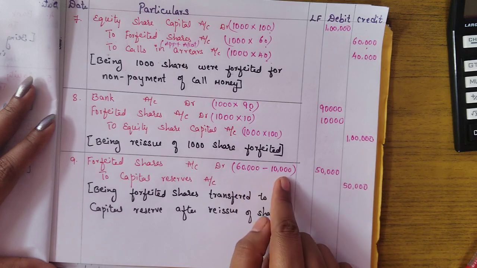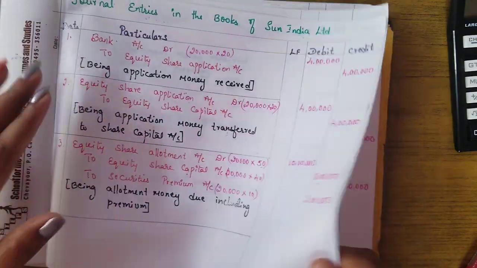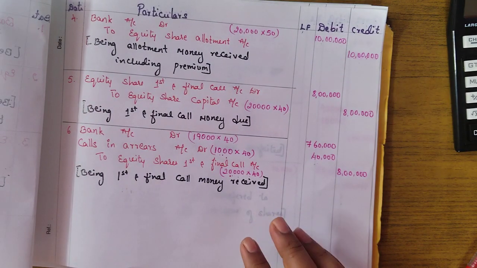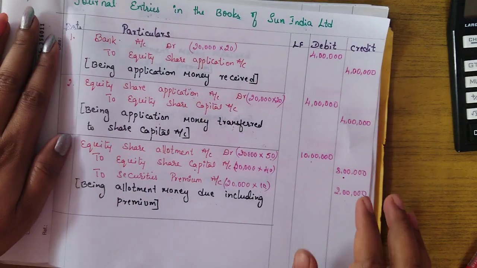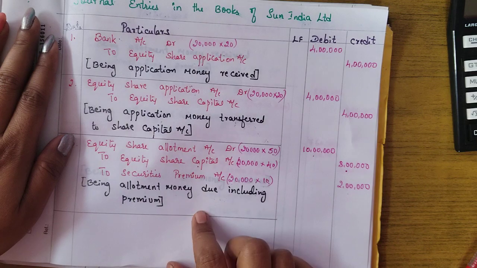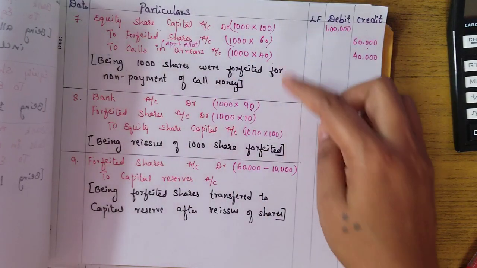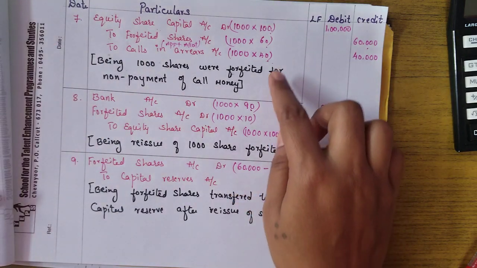That is what 60,000 minus 10,000, 50,000. Okay, this is all about the problem related to issue of shares at premium. So kindly study well, practice once again this calculation. This third entry is very important, as well as the last three entries.